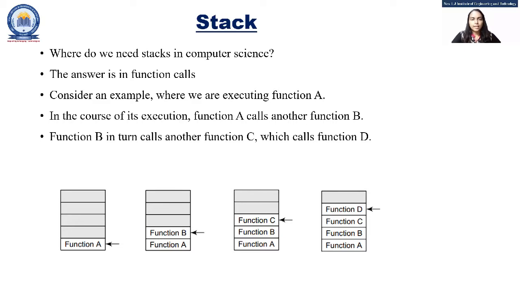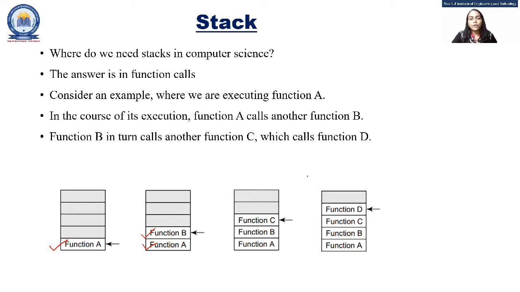So consider an example where we are executing a function A, right? Now, while executing function A, if function A in turn calls another function B, what will happen? Function A is already working and it has called function B. So function B will also be there on the stack because it is keeping track of how many function calls are being made.